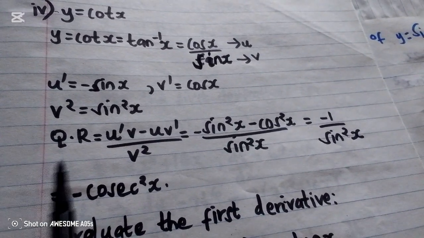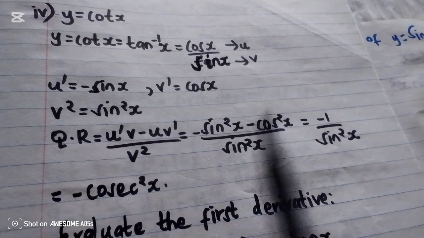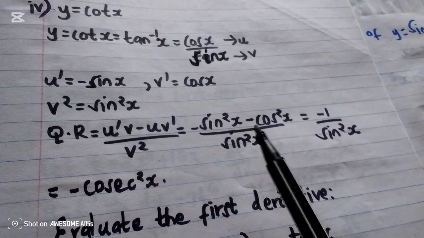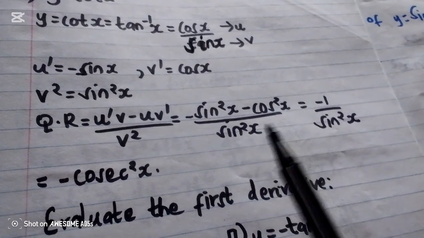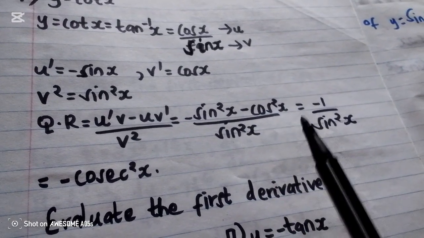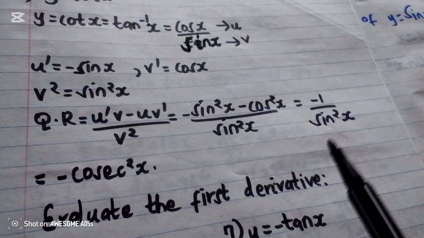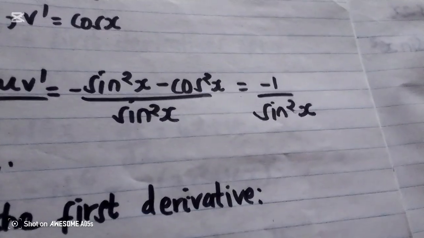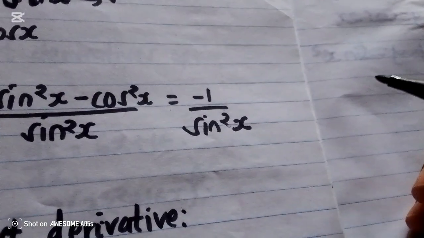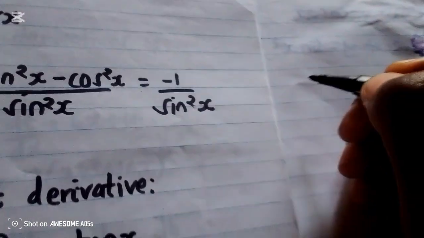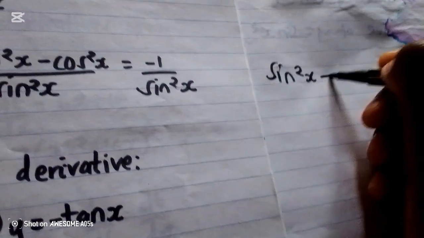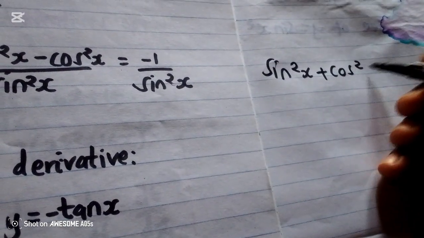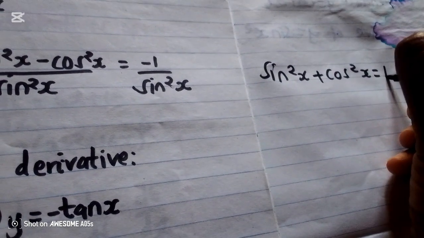Applying the quotient rule, you will have negative sin squared x minus cos squared x over sin squared x, which is the same as negative 1 over sin squared x. The reason why we are getting negative 1, remember, according to the trigonometric standards, sin squared x plus cos squared x is the same as 1.